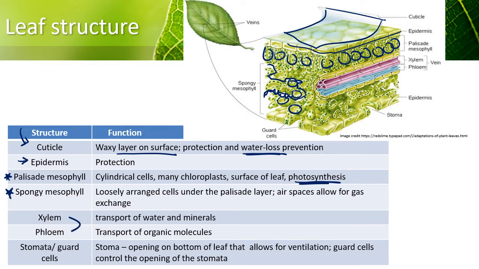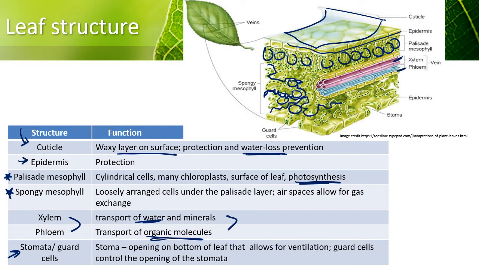Again, we have xylem and phloem, because we do need to transport water and sugars around the leaves. And then one last super cool thing on the bottom epidermal layer of the leaves, we have stomata and guard cells. So again, we have lots of gas exchange happening here in the spongy mesophyll.